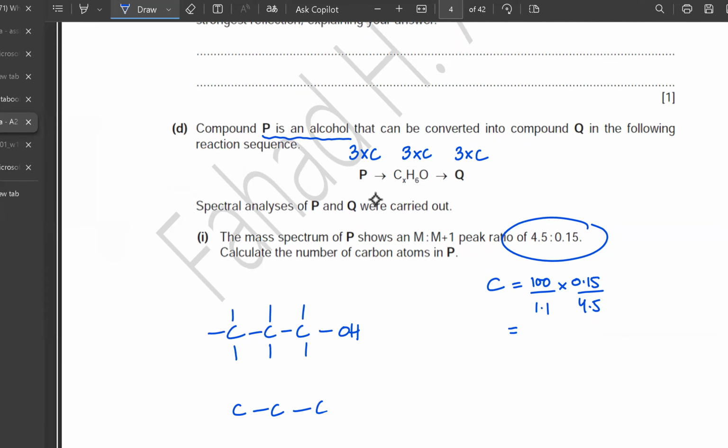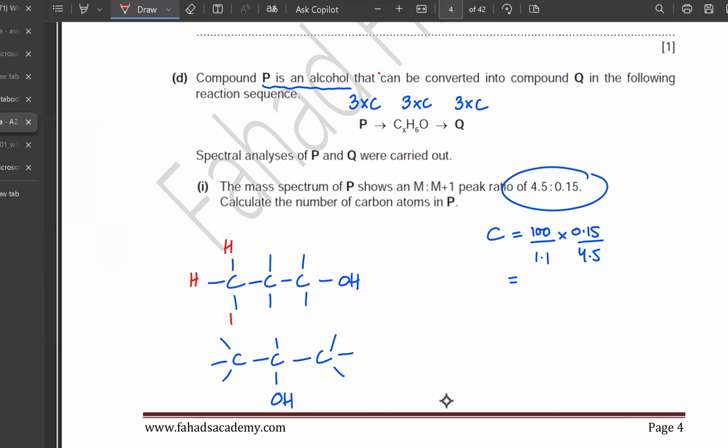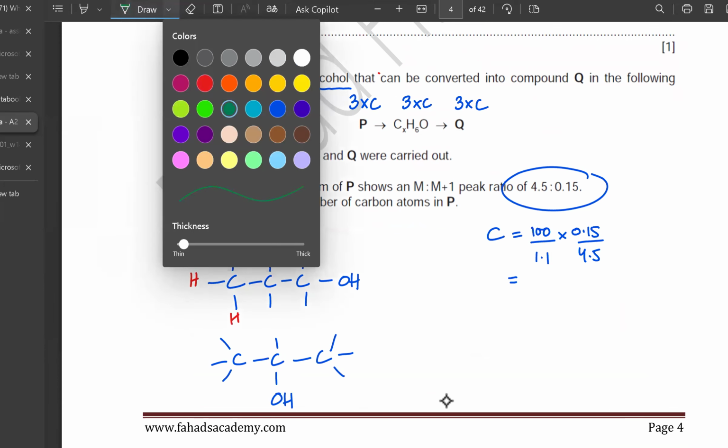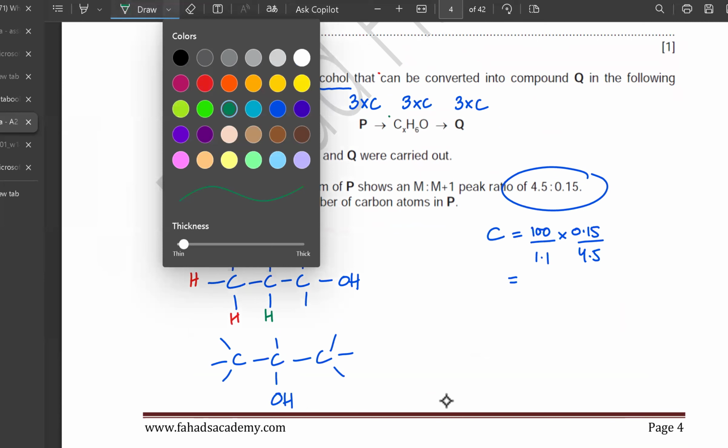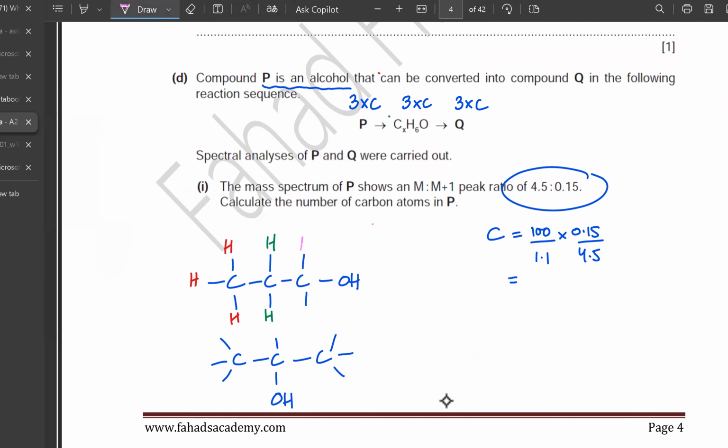Sir, the first one. Okay. The first one has 4 environments. That's one. After that, this CH2 is different, and then the next CH2 is different, and then you have the OH. So that means you got 4 environments in that, right?